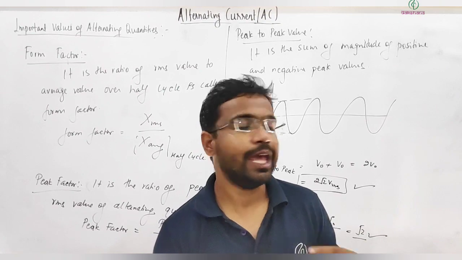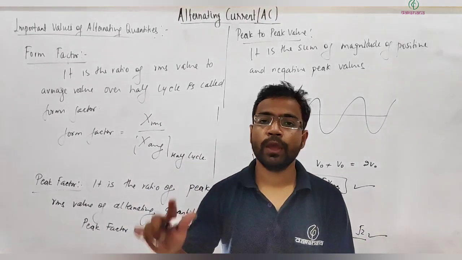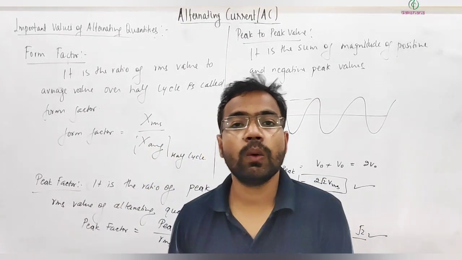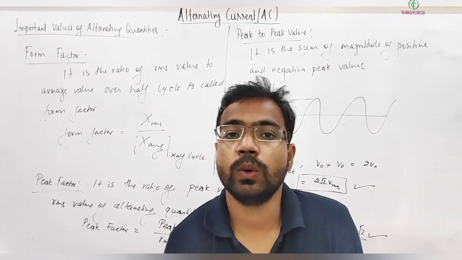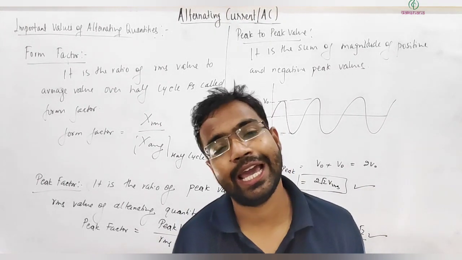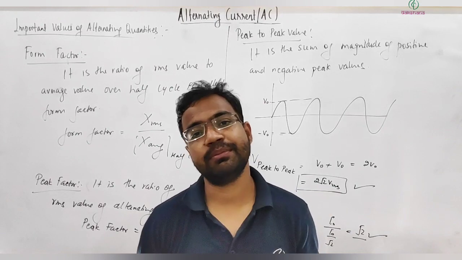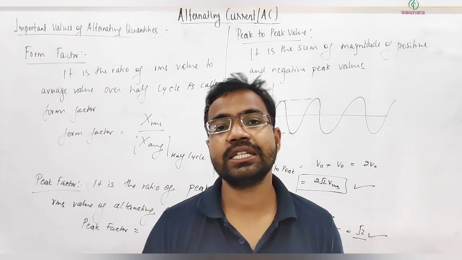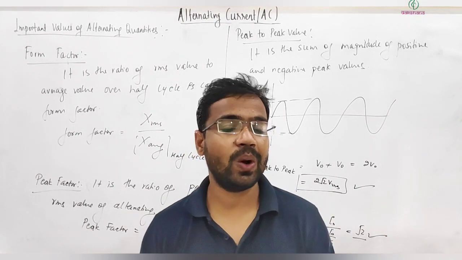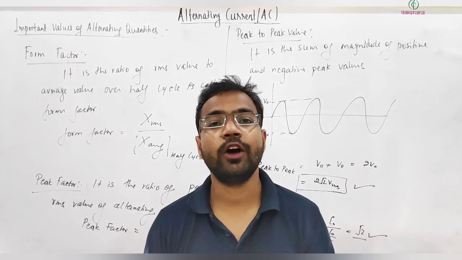Try to remember that. Let's see next how, when alternating current and voltage is passing through a circuit element, that may be your resistor, inductor or capacitor, how all these things behave and how we study.